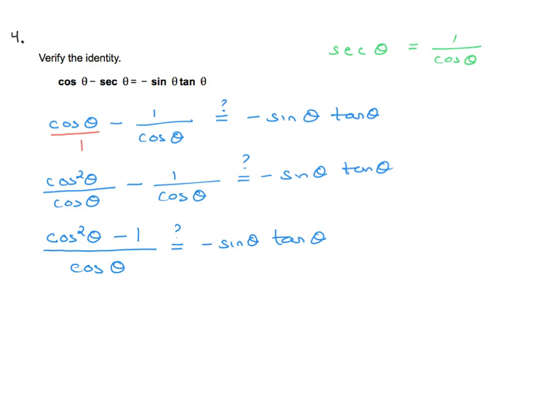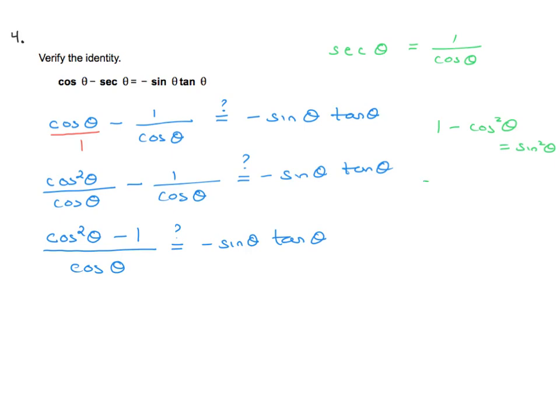So kind of like in the previous question, I have cosine squared theta minus 1, and what we saw last time was 1 minus cosine squared of theta was equal to sine squared of theta. So this is really close to that. The difference is it's off by a negative. The 1 is negative and the cosine squared is positive. That means we're multiplying this side by negative 1.